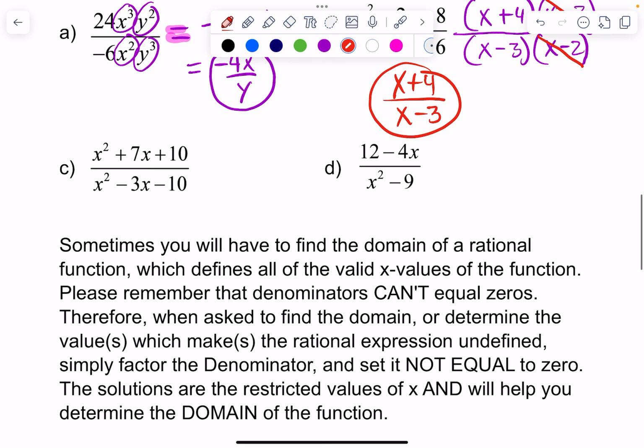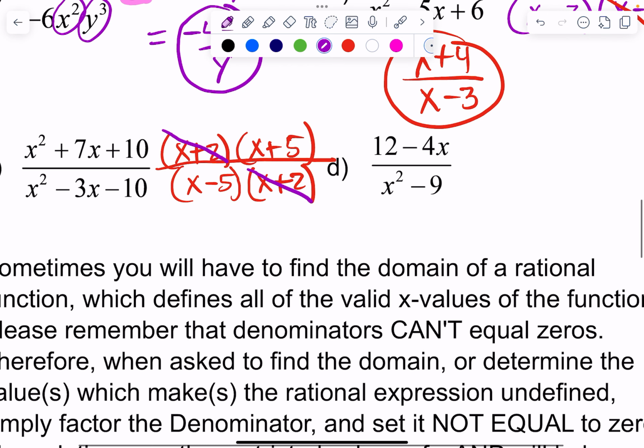Next, let's go ahead and factor the numerator here. We've got x plus 2 times x plus 5 divided by x minus 5 times x plus 2. Please notice that the x plus 2 and the x plus 2 are the identical binomials that cancel out, and my simplified answer is x plus 5 over x minus 5.